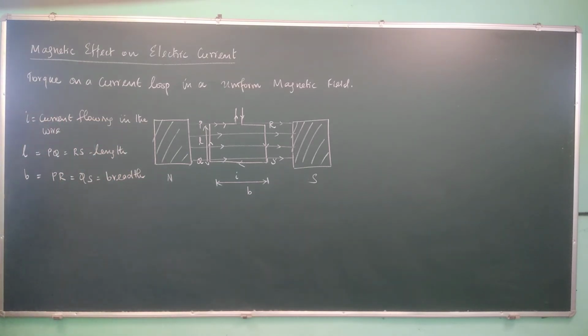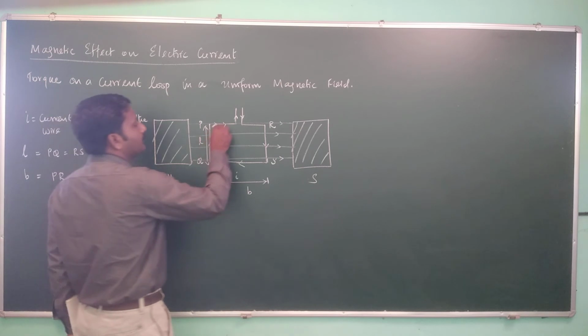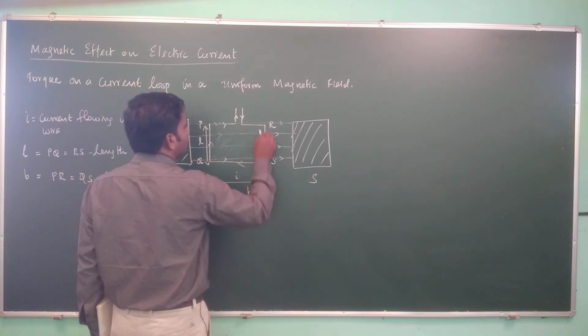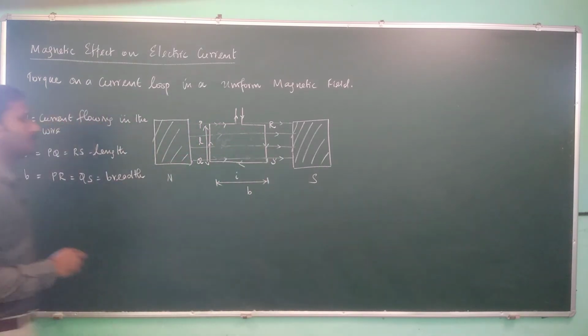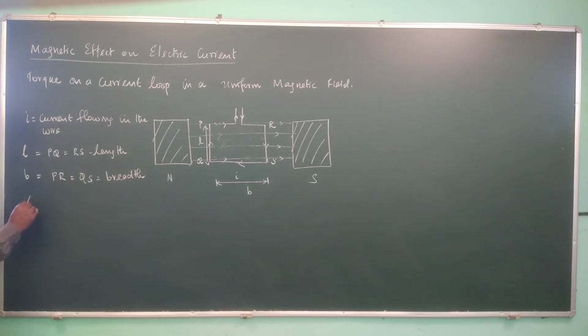For this coil, the area of the rectangle is nothing but length times breadth.